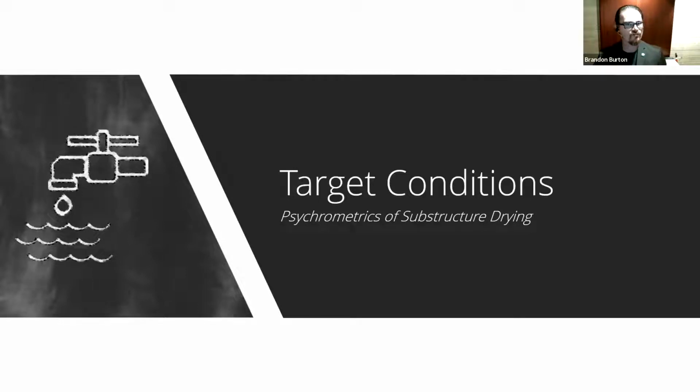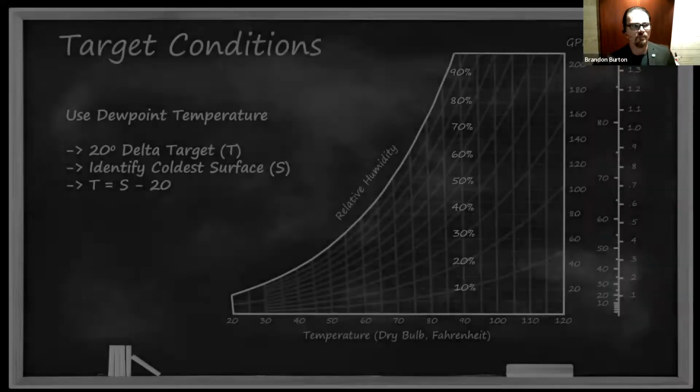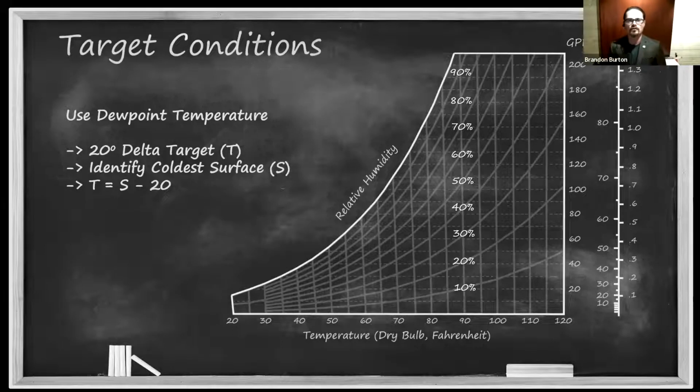There are lots of reasons for that, and I'll touch on some of those. But because of those reasons, I'm going to bring back a concept that we talked about a couple of episodes ago regarding dew point temperature, to help you grapple with how to know whether or not your below grade space has adequate drying conditions, and a way that you can set this target really simply and ensure that you're providing an adequate drying environment in that substructure. So it's all based on dew point.